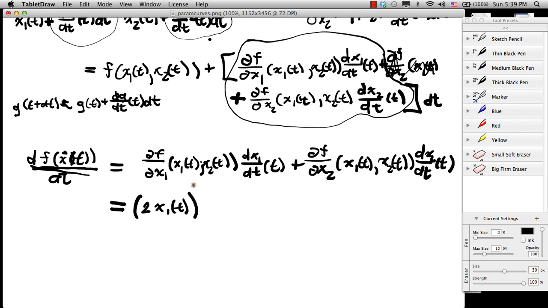If I take the derivative of x1 with respect to t, I'm going to get cosine of 2 pi t minus 2 pi t sine of 2 pi t.